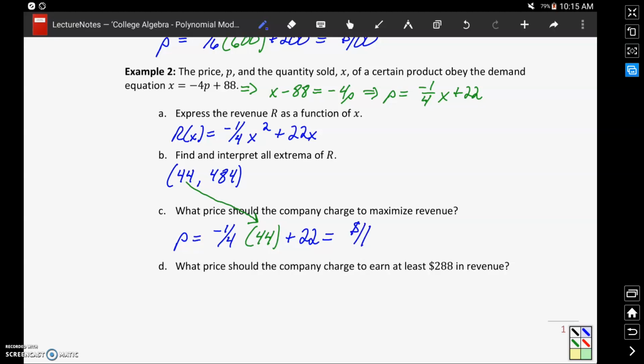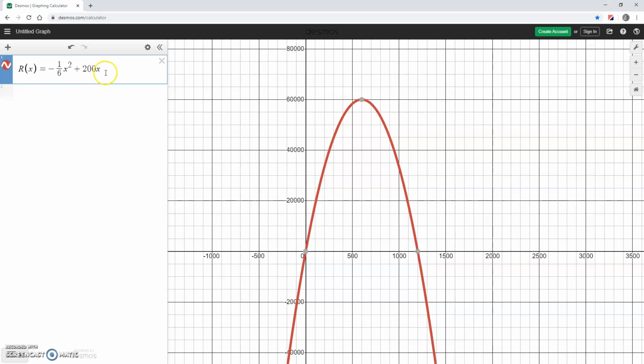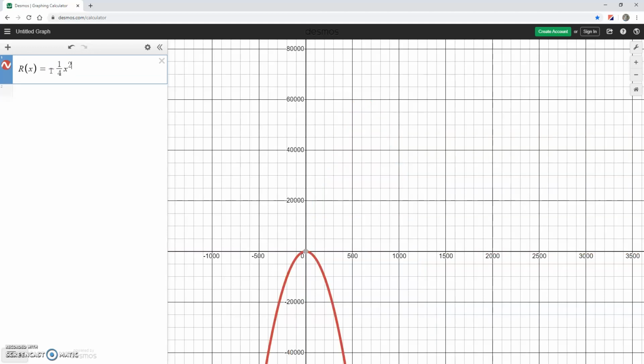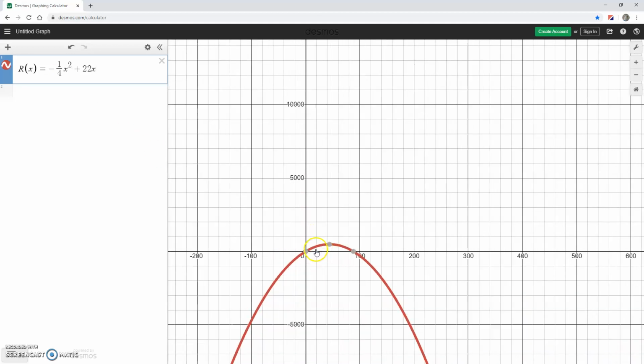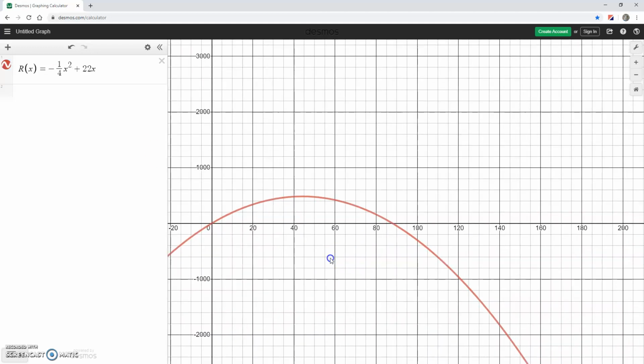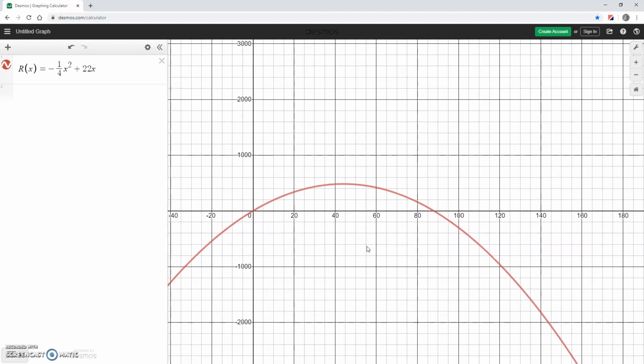And then in part D, we're asked something a little bit different. What price should the company charge to earn at least $288 in revenue? To answer this question, we'll enter our revenue function into Desmos. What we're interested in is a revenue of at least $288.